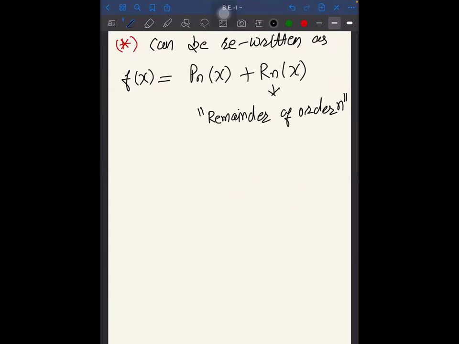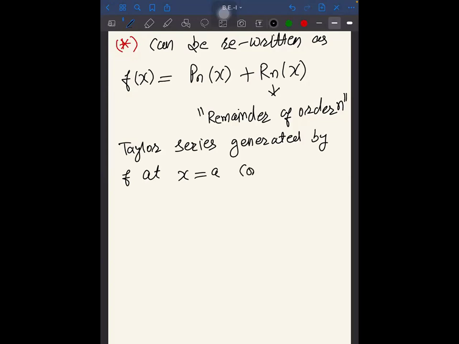We say that the Taylor series generated by f at x is equal to a converges to f.